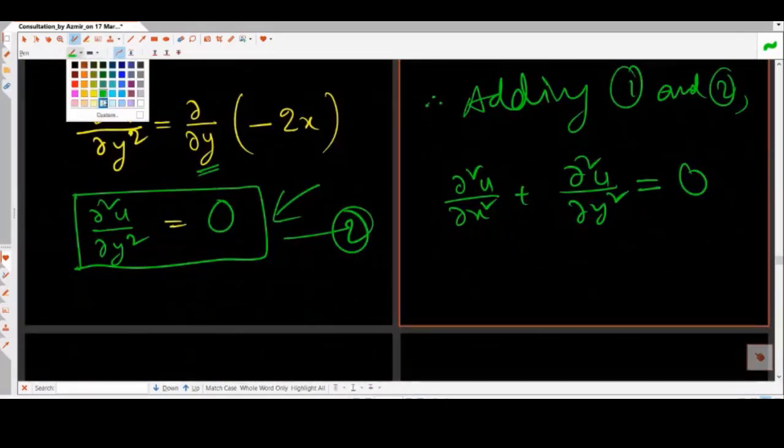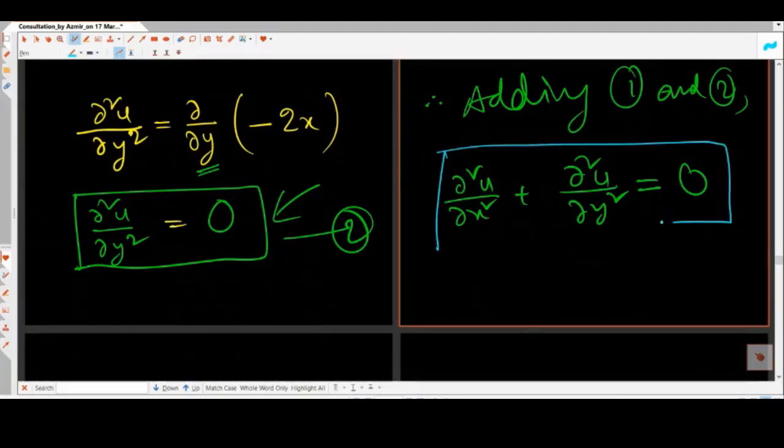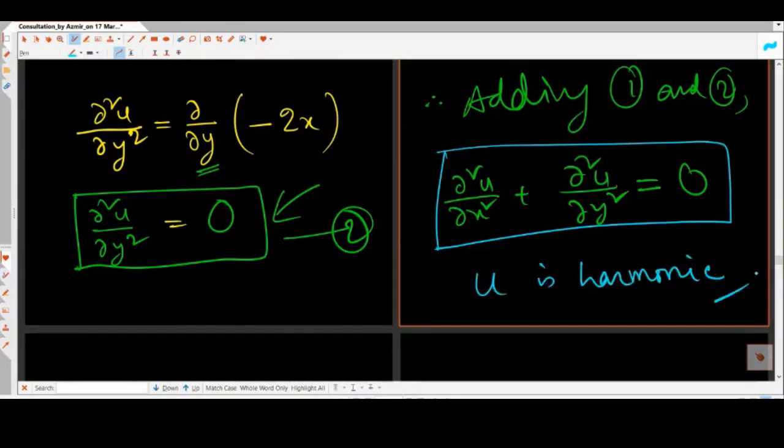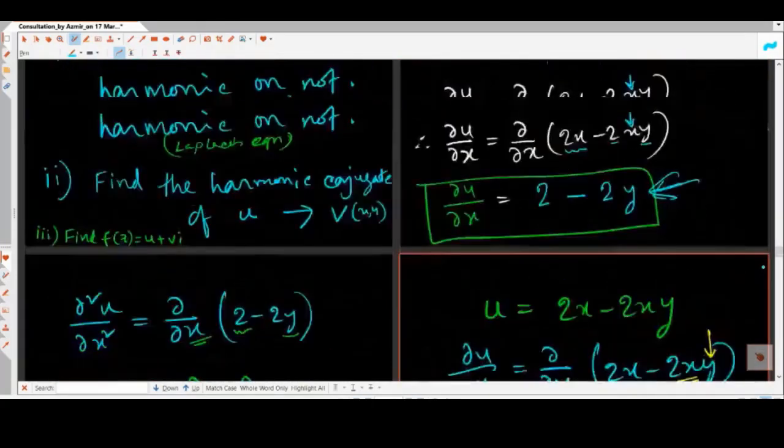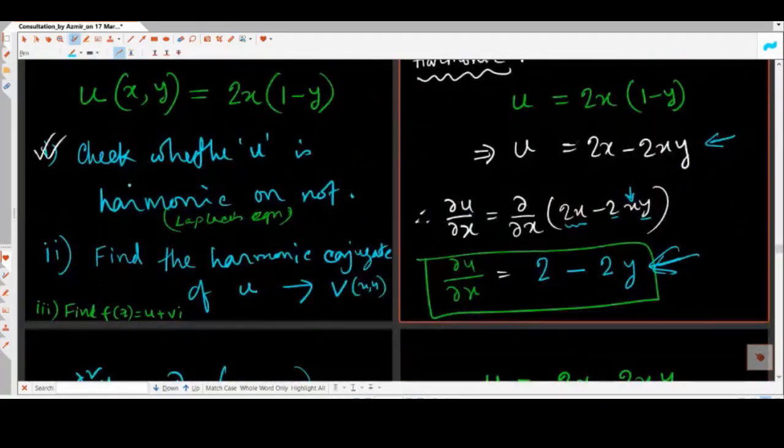So that means u satisfies the Laplace's equation. So we can say that u is harmonic. So the first part is done. We are able to prove that u is harmonic.